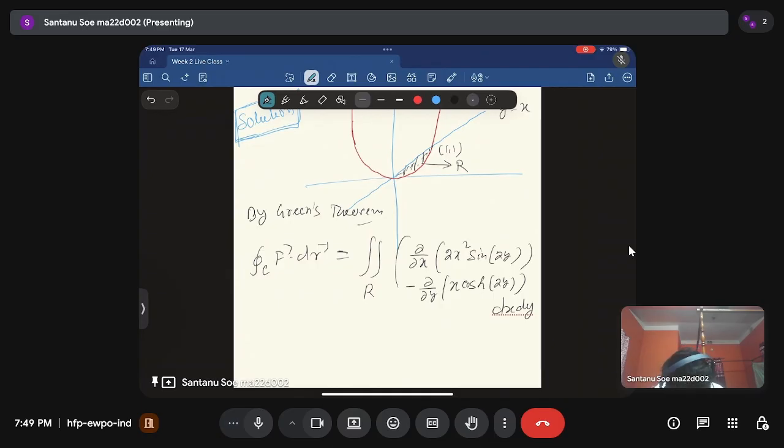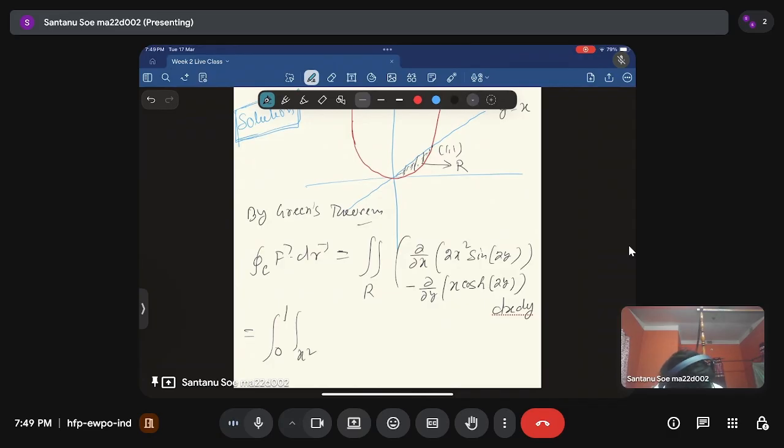Okay, so this is 0 to 1, and then the y strip is going to be from x squared to x.